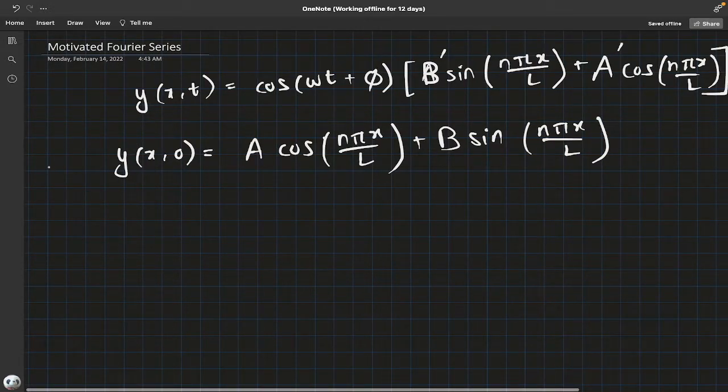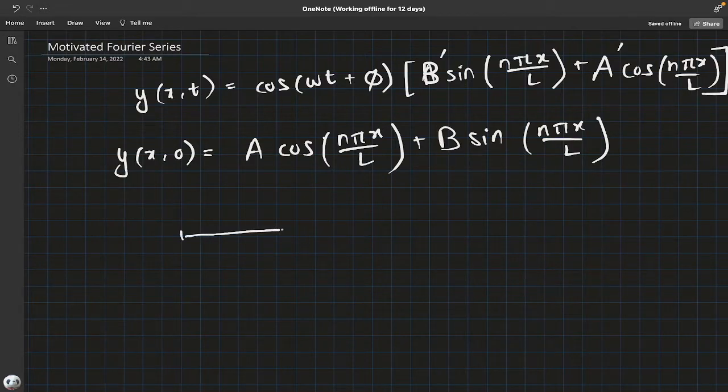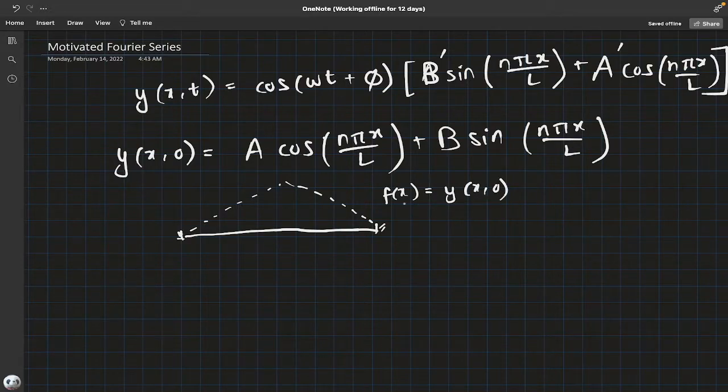So what we could do, or one way of thinking about this, is assuming you have a string, say a string on fixed supports like this, and the line couldn't be any straighter. If we knew what the initial pluck was, that's y of x, 0, say if you call f of x as y of x, 0.